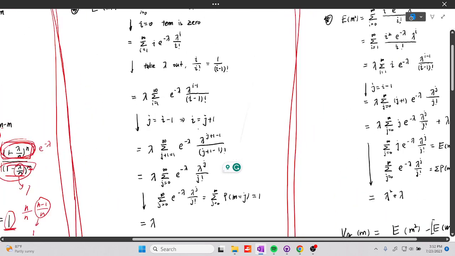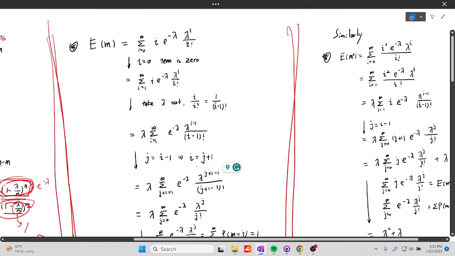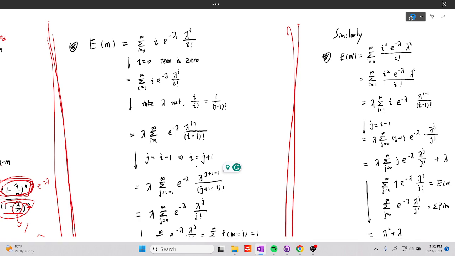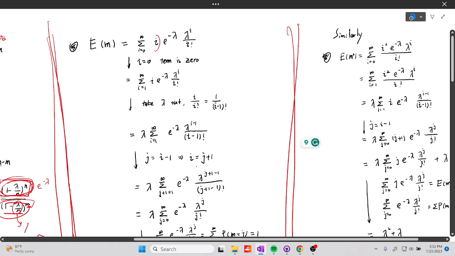To calculate the expectation value is similar to the binomial. So here is the sum of i times the distribution function, summing from 1 to infinity. Since the zeroth term is 0, you can just start summing from 1 and take the lambda out, and i over i factorial is 1 over i minus 1 factorial.